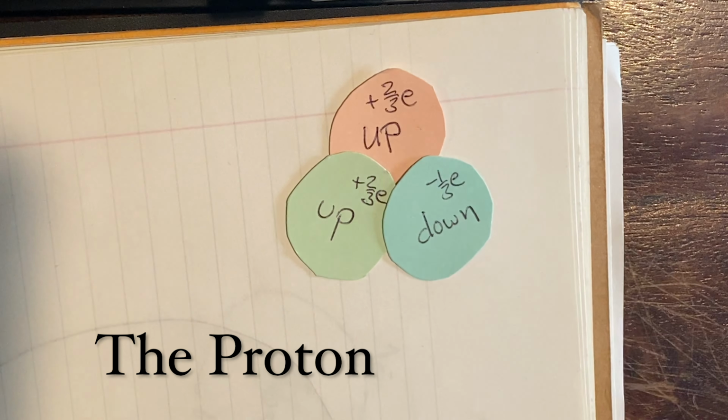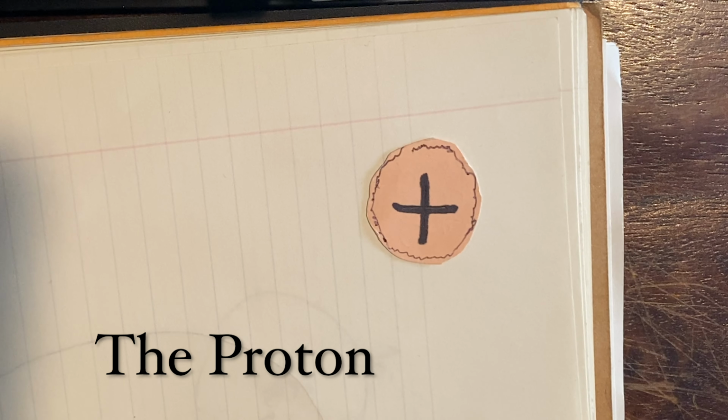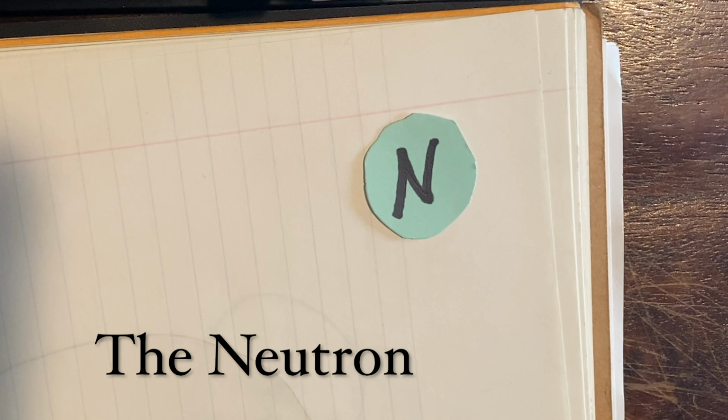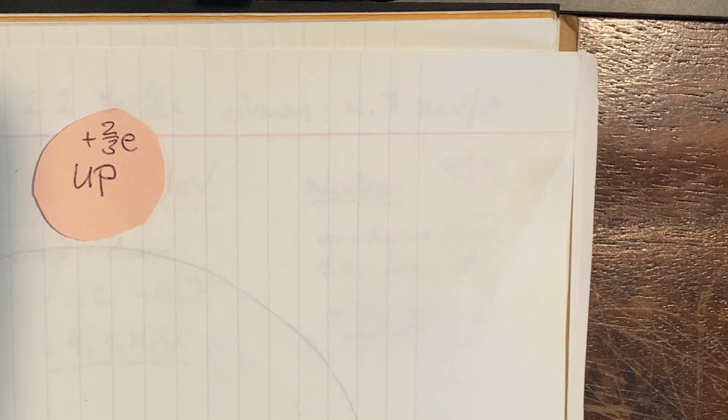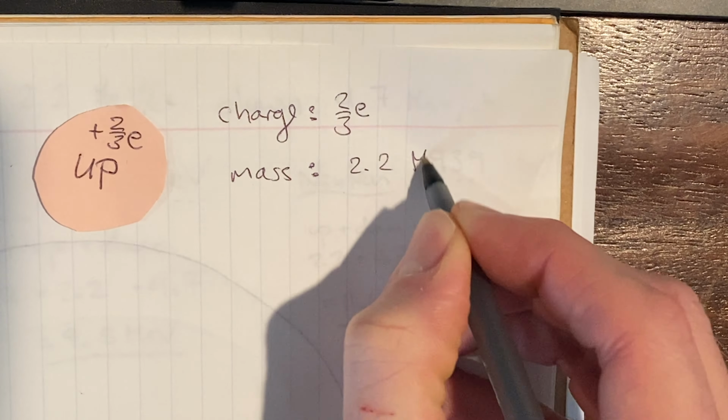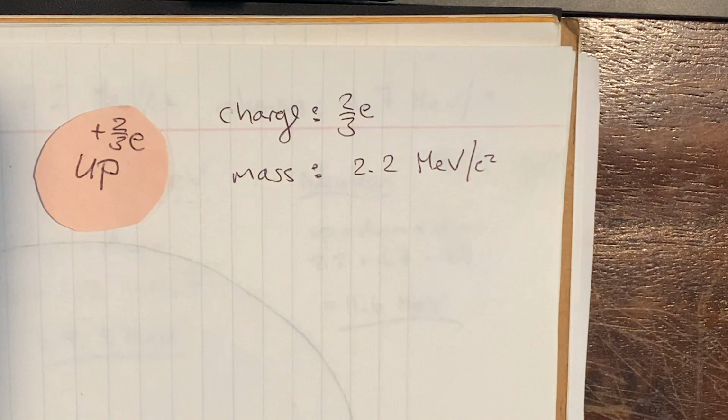Now, the quarks that we'll be interested in today have very creative names, like up and down. The proton is made up of 2 up quarks and a down quark, and the neutron is made up of 1 up quark and 2 down quarks. To see how this works, let's do some accounting. The up quark has a charge of 2/3 of the electric charge and a mass of about 2.2 MeV.